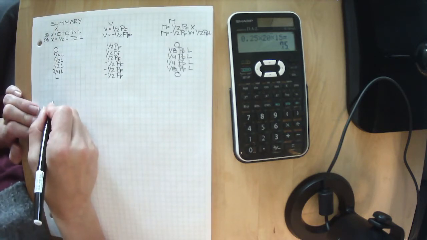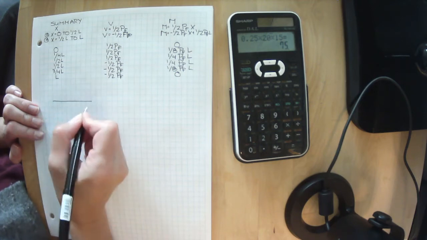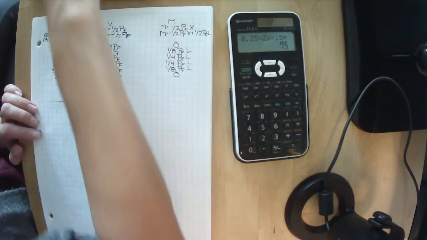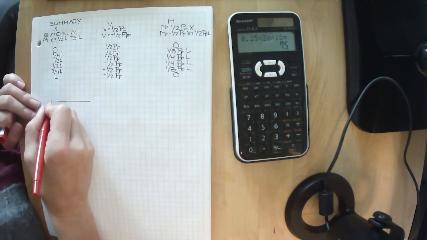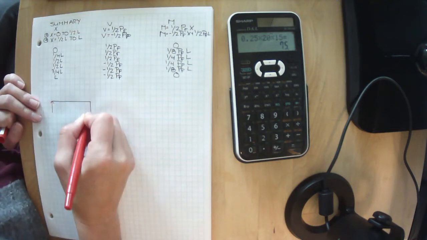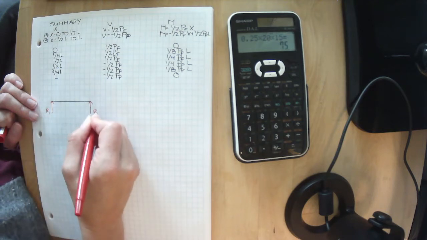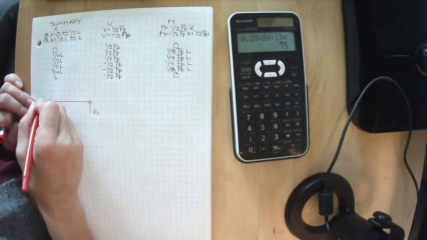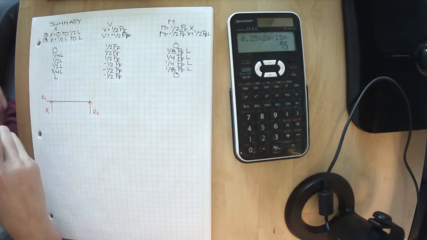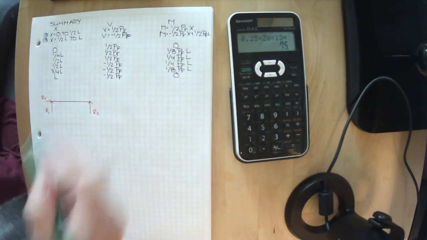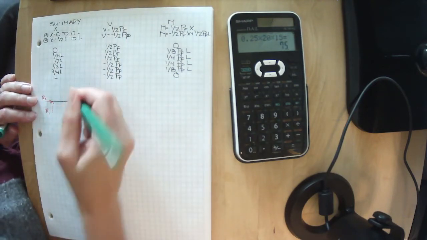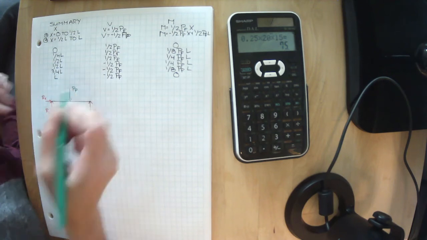I'm going to redraw my free body diagram because I always like to draw out a free body diagram. We have R1 and R2 and Rx. And we have PF.